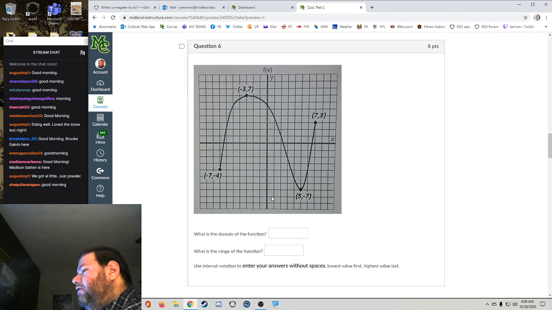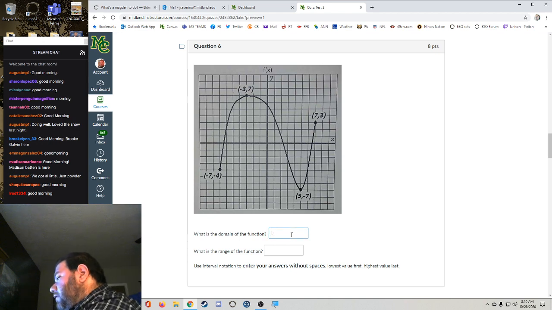However, when we look at domain, we look at how far left and right the graph goes. So the graph starts at negative 7 on the left, that's the leftmost point, and the rightmost point is positive 7. So the domain is negative 7 to positive 7.